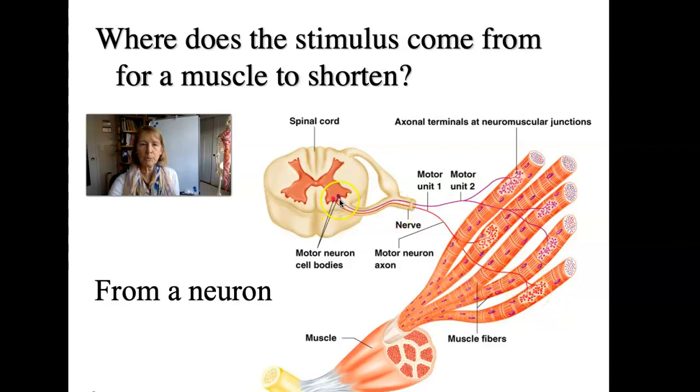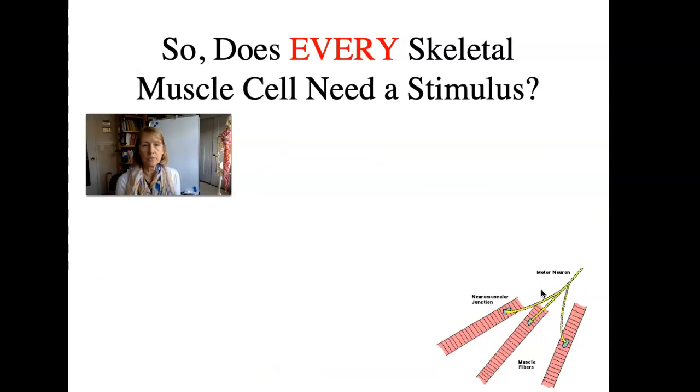And then let's look at the purple one, a different purple neuron is going to branch and go to this muscle cell here and branch and go to this one here and that one. So in this diagram, it looks like each one of those muscle fibers has a neuron that's going to it, giving it a signal, okay?